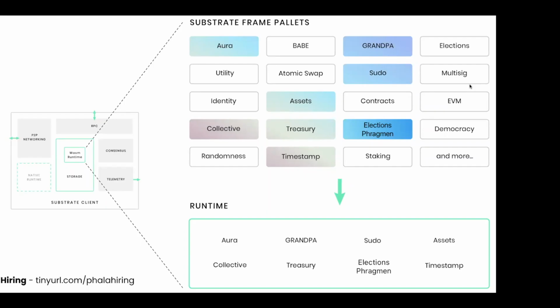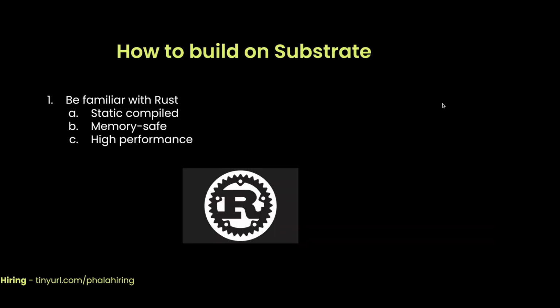So how to build on Substrate? The first thing you need to take care of is that almost all the code written for Substrate is written in Rust. Rust is a pretty new language, and is statically compiled, and it's very safe.